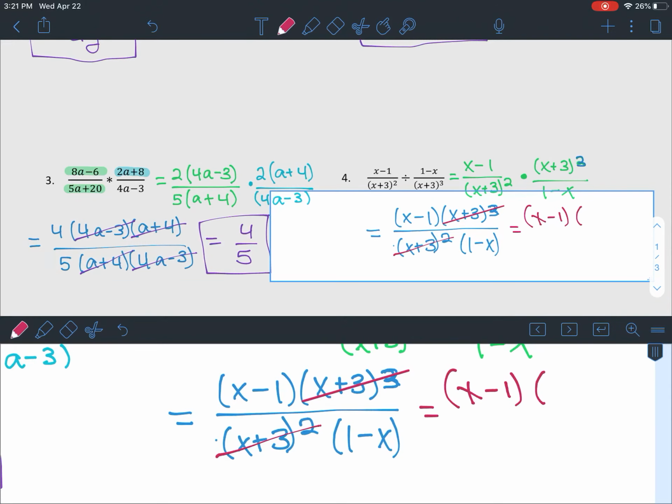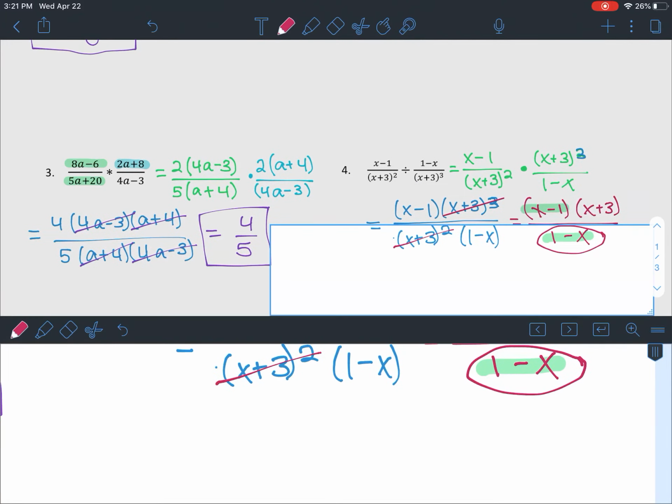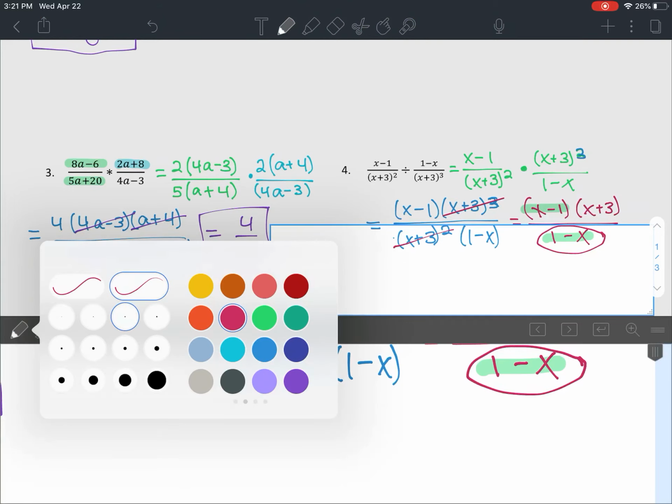So I'm left with x minus 1, x plus 3 over 1 minus x. And then if I look at this 1 minus x and this x minus 1, they are very close to being the same. But I need to manipulate this bottom a little bit to change it.